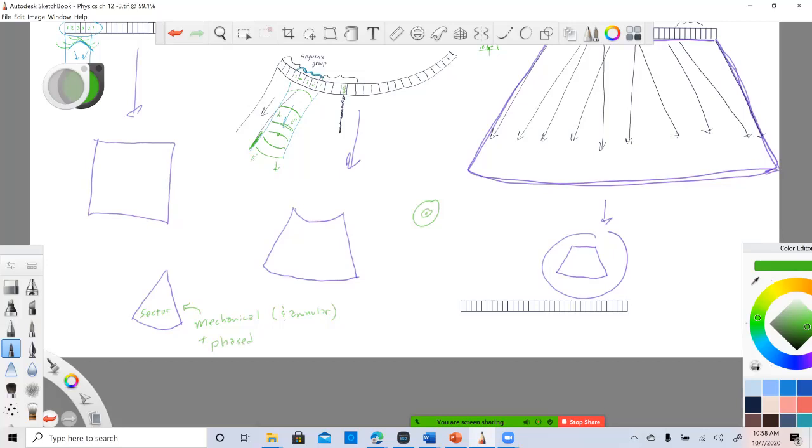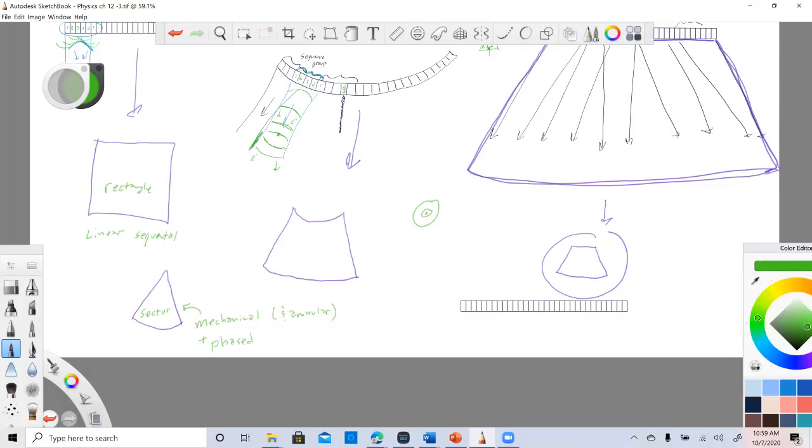The linear sequential, oh wait, yeah, they do call it linear sequential. Linear sequential, this is a rectangle. It has a flat top because small groups of elements are firing off at any one time. So in other words, what you see at the top is a flat top.